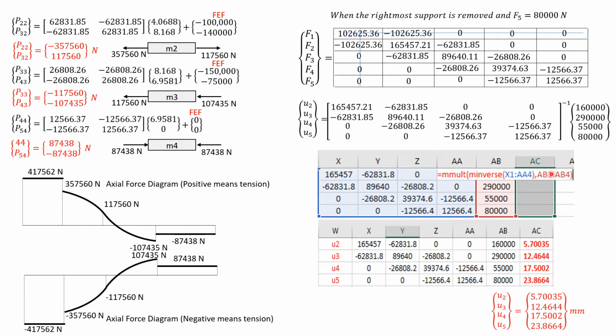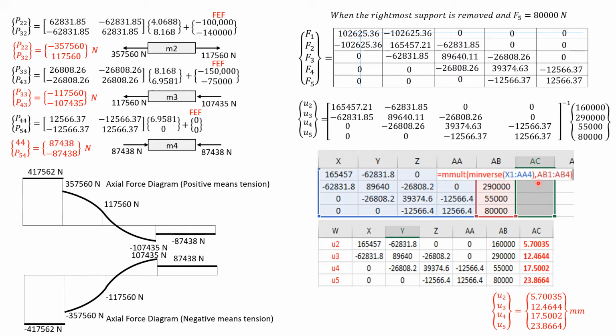So in column AC, 4 cells, we set up a function, this is equal to the matrix multiplication of the first entry, which should be the inverse of this 4 by 4 matrix, from AA1 to AA4, and this matrix here, which is the first matrix, AB1 to AB4.